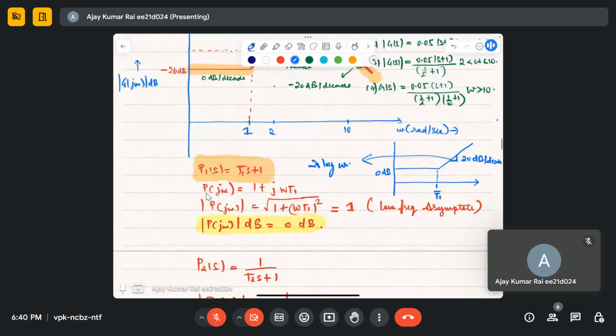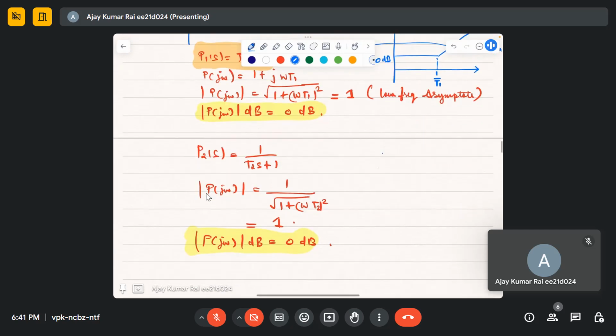Just see this, this is for T1s plus 1 itself. And for this, if you plot the magnitude plot, you will get 0 dB, then your slope will decrease. This is 0 dB, and this is minus 20 dB per decade.